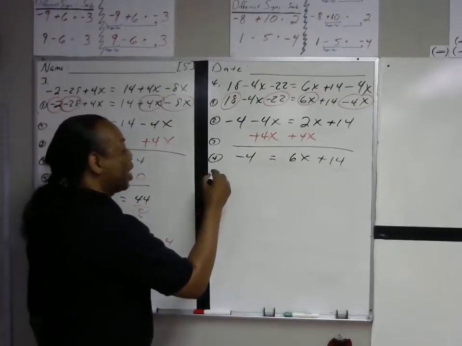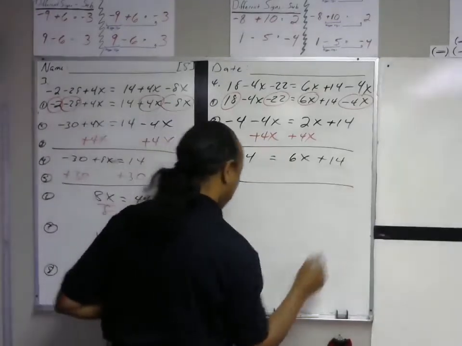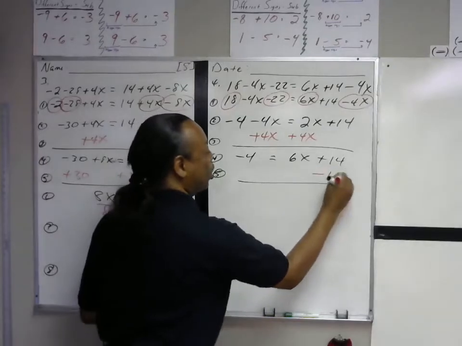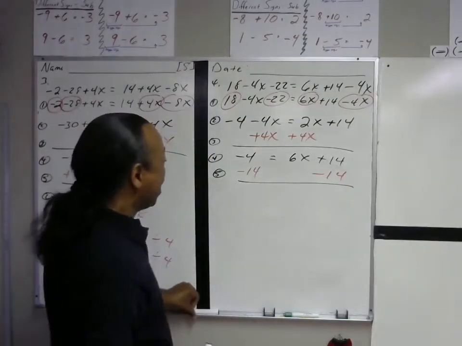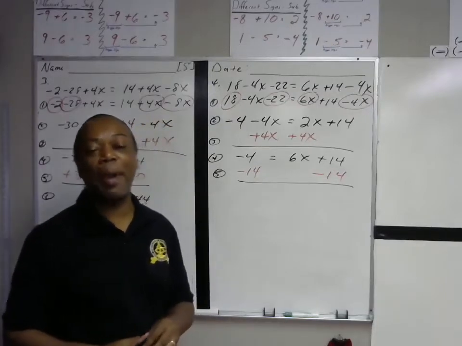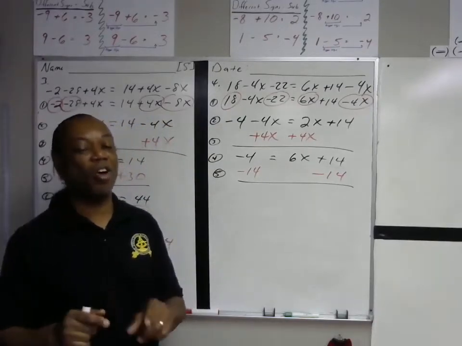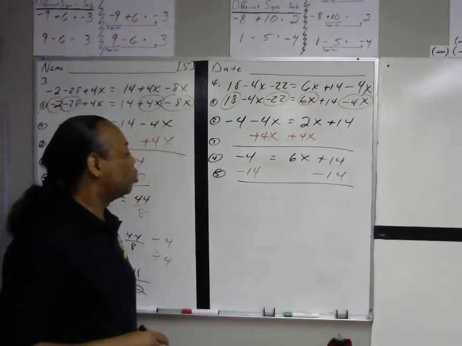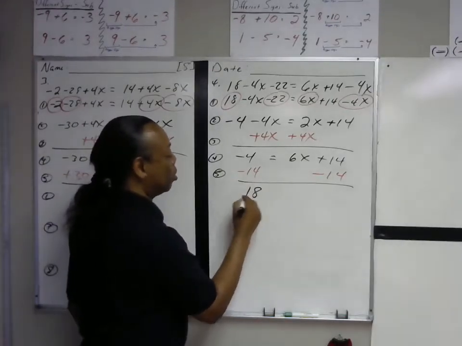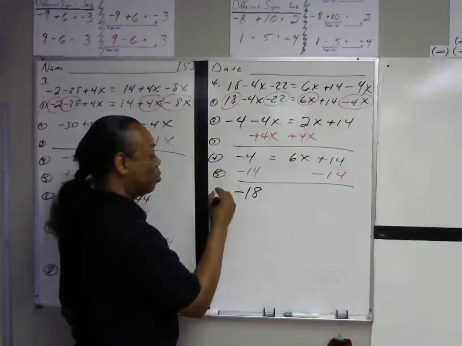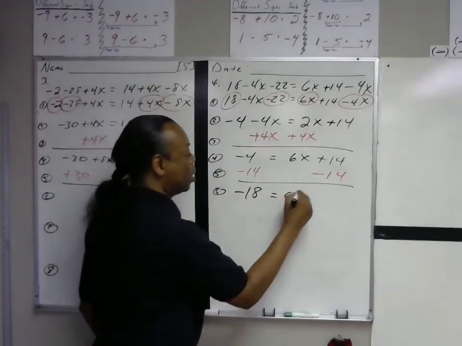First, we'll get rid of the adding 14 by subtracting 14 on both sides. And soon you're going to see a very popular mistake that I caught on a lot of your papers. Same signs, add. So you should get a negative 18 equals 6x.